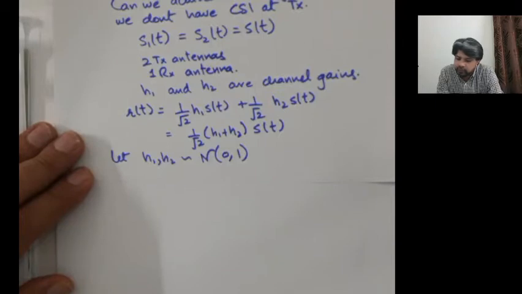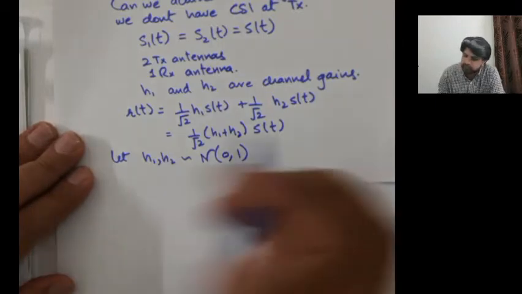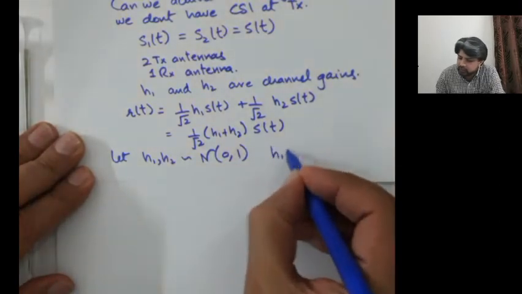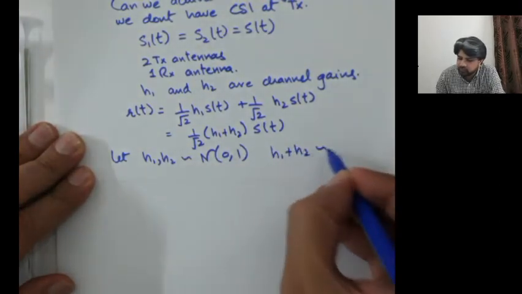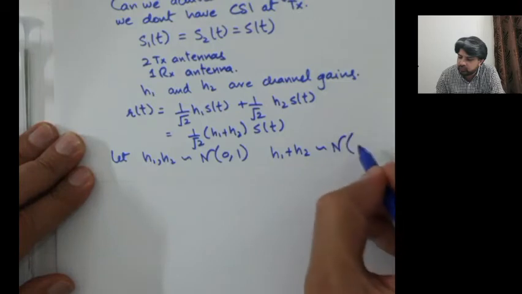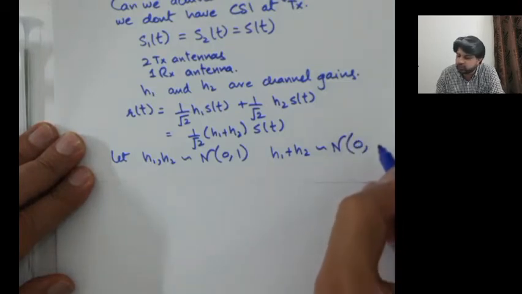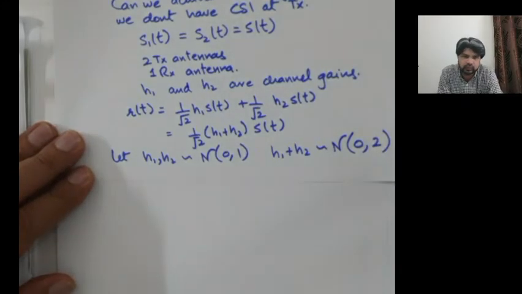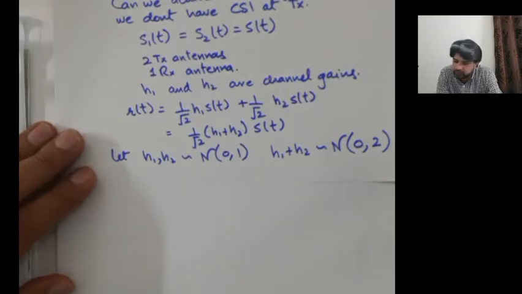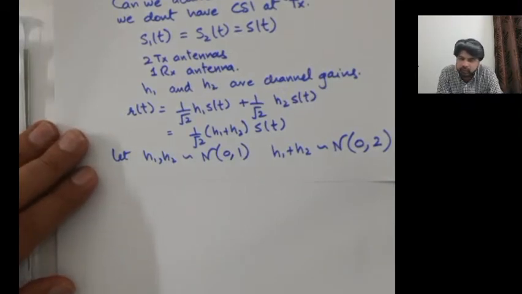If H1 and H2 are standard normal random variables, then H1 plus H2 would have a distribution that would still be 0 mean, but the variance would increase from 1 to 2. Because you have two standard normal random variables added together, their variances would add together. But that would be H1 plus H2.